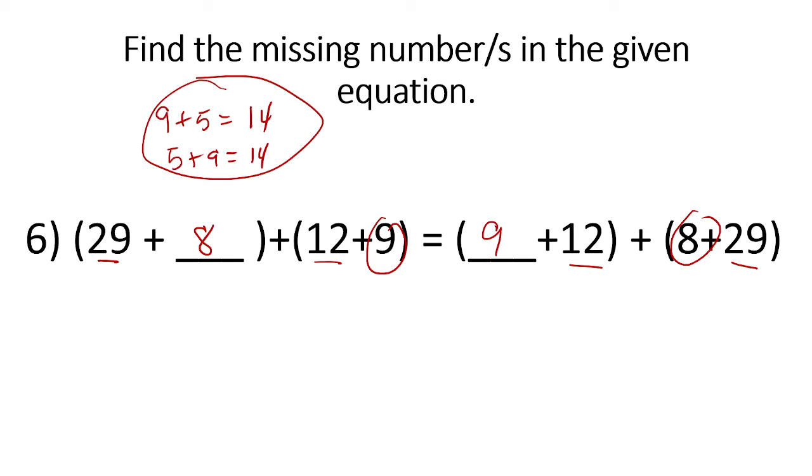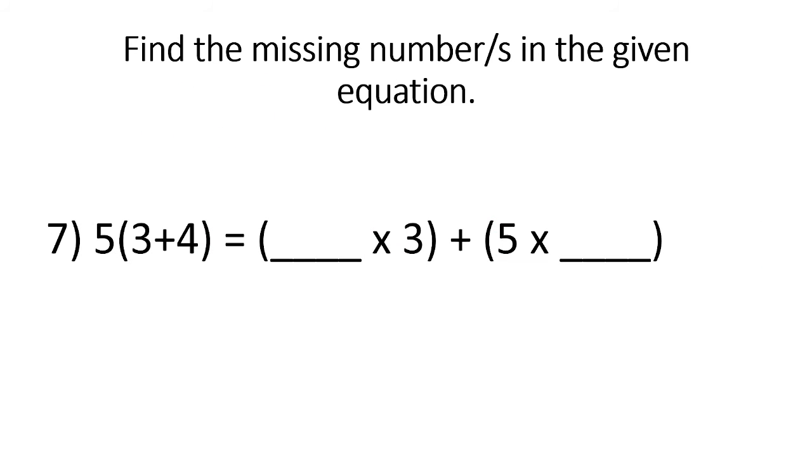Okay, next one, number 7. Find the missing number or numbers in the given equation. Kapag ganito, ibig sabihin niyan is multiplication. Meron tayong tinatawag na distributive property.